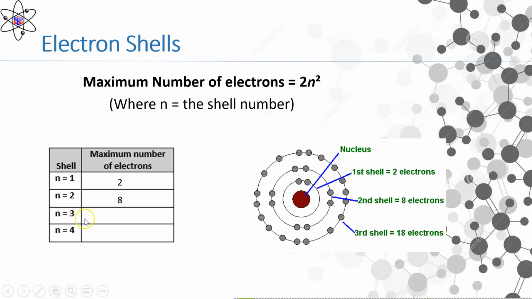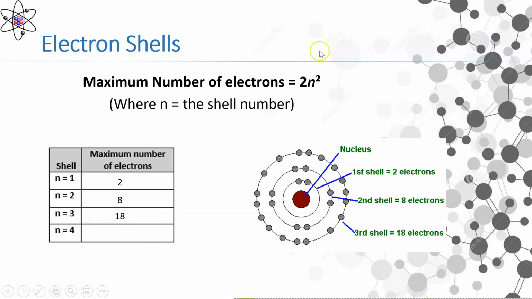Okay, n is 3, so we've got 2 multiplied by 3 to the power of 2. 3 to the power of 2, 3 times 3 is 9, and then 2 times 9 is 18.